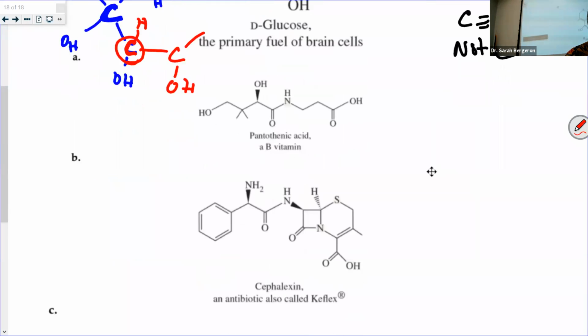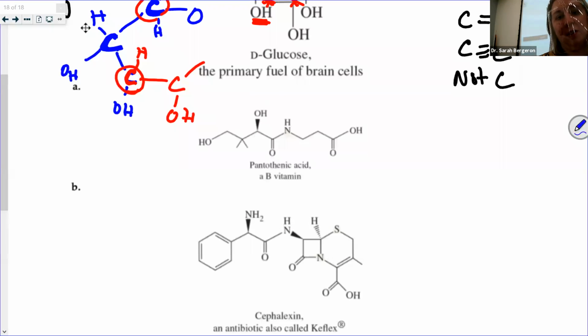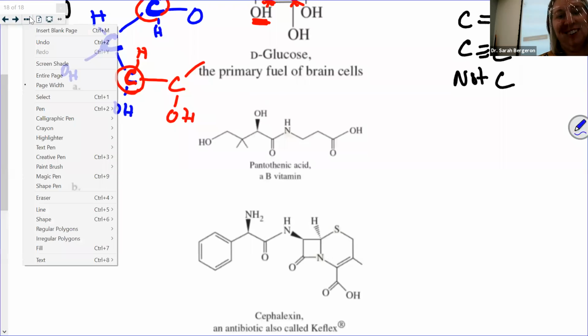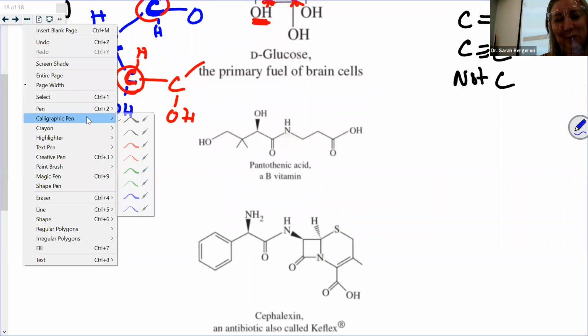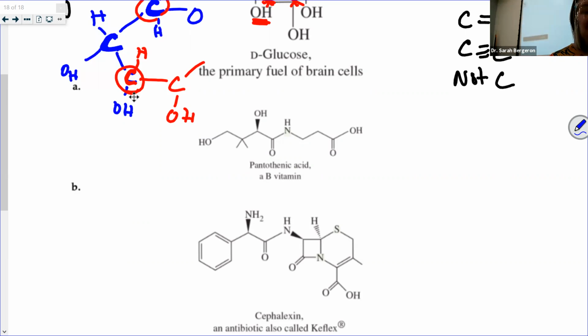Next one, pantothenic acid, vitamin B. All right, which ones can I eliminate right off the bat? I wish I could easily zoom in, but I don't really want to mess it up. Okay, we'll just figure it out.